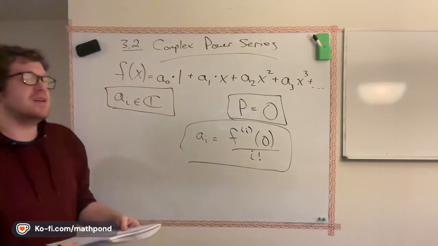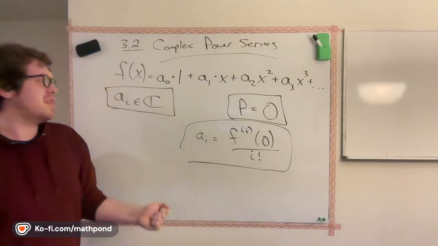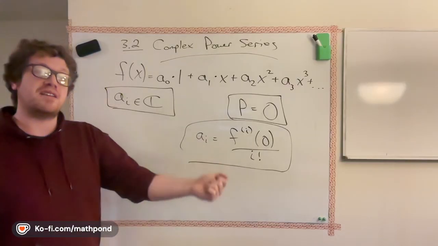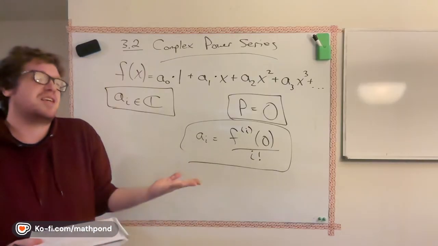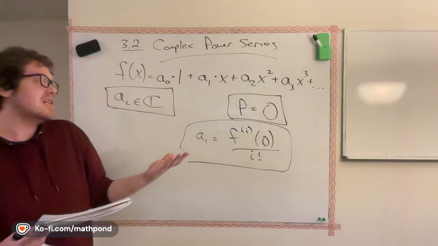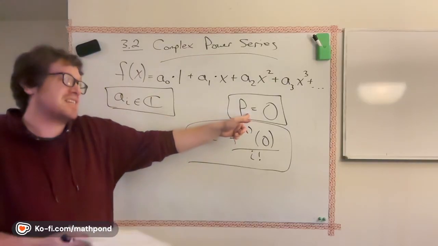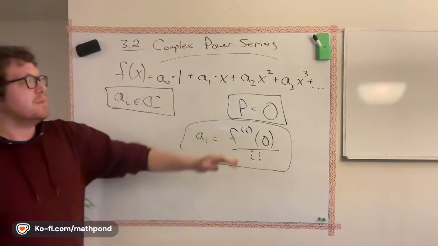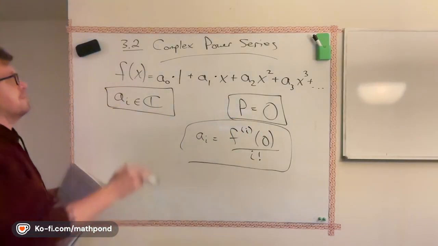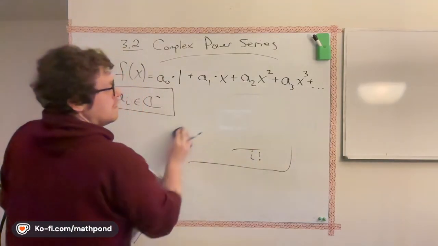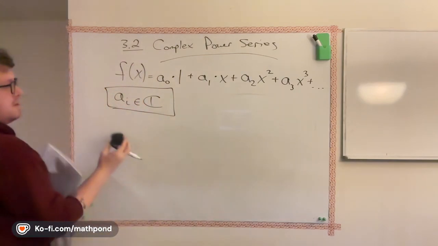The problem is, in the real case, that sometimes you can have infinitely differentiable functions that have a Taylor series, but the Taylor series doesn't actually equal the function at any point besides the point that you expand around, where it has to be equal. I'll give you an example in a second, which is the piecewise defined function.